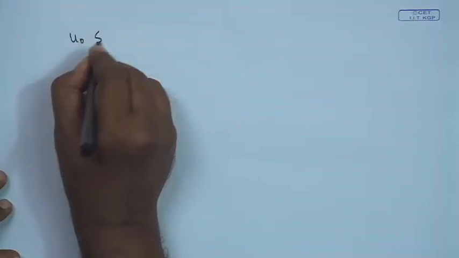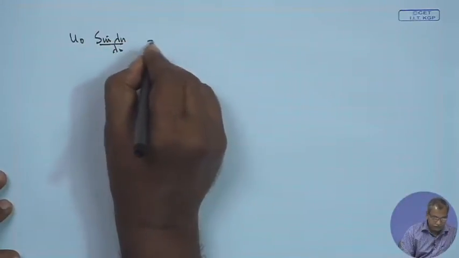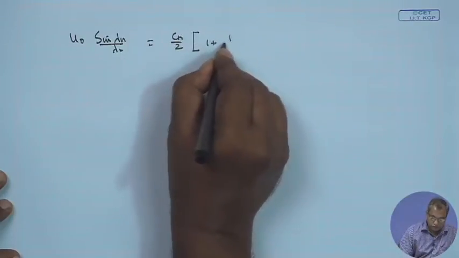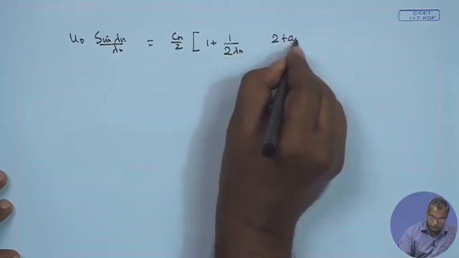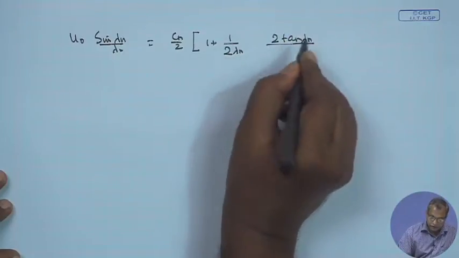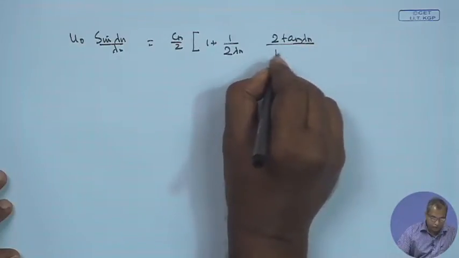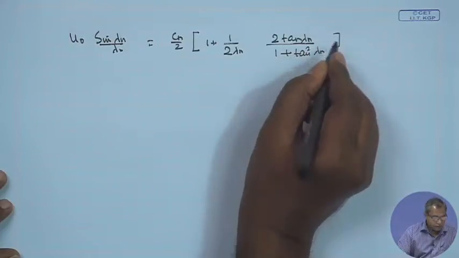If you do that, you get u naught sin lambda n divided by lambda n is equal to Cn by 2 times 1 plus 1 over 2 lambda n into 2 tan lambda n over 1 plus tan square lambda n. We are substituting sin 2 lambda n by tan lambda n.